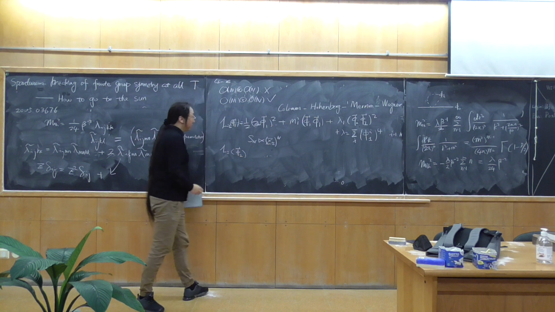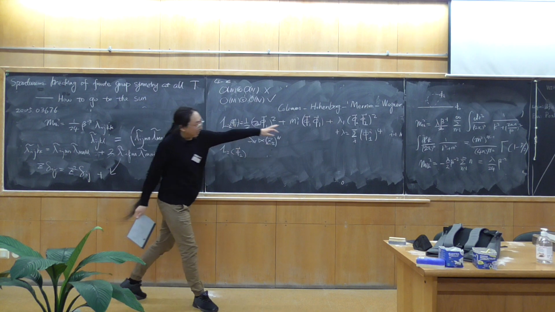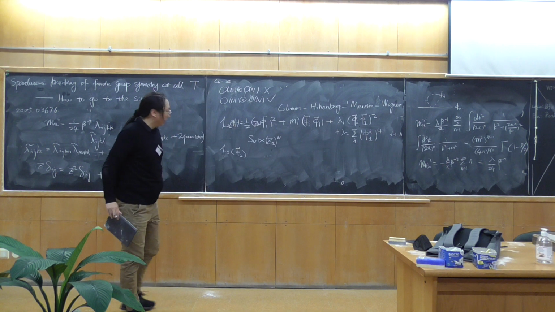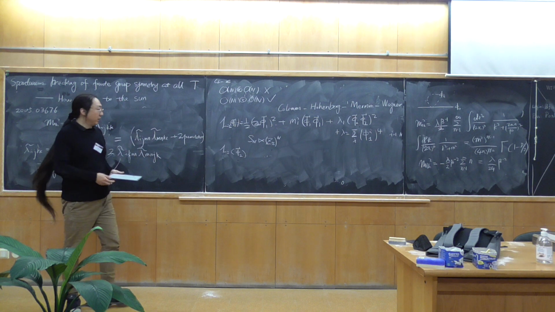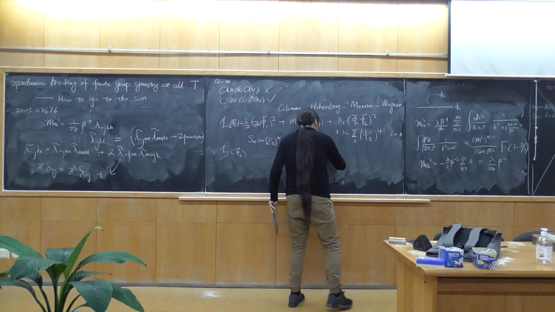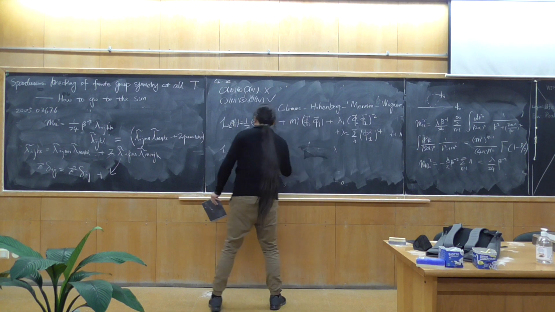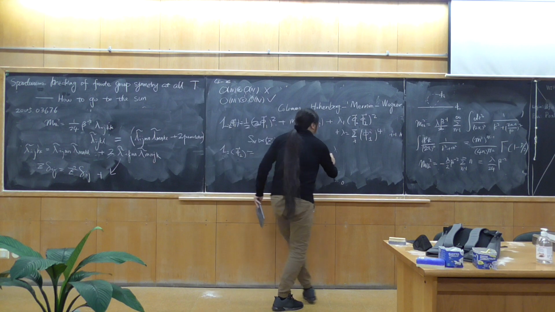Okay, so I would just write a second copy, which I call phi 2. It's the same Lagrangian, but with a 2. It's the second copy of cubic. And I need an interaction term. Maybe I should write my couplings.